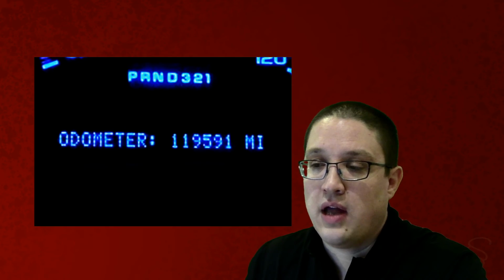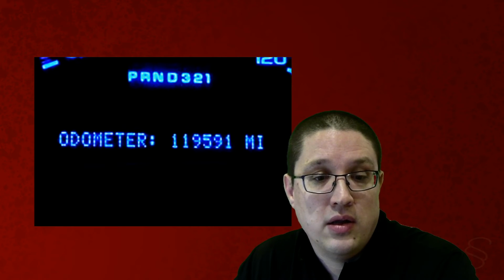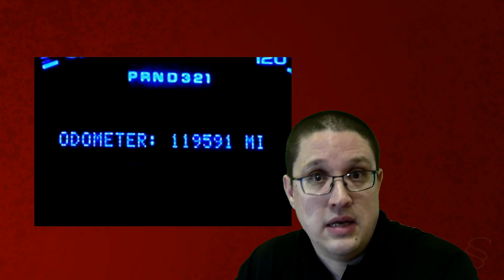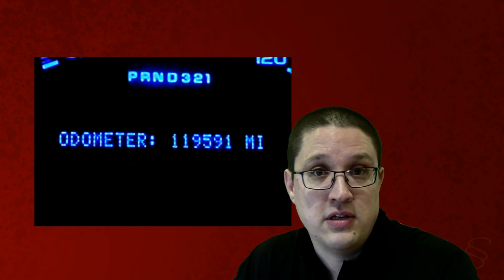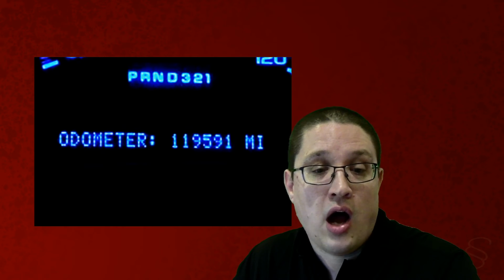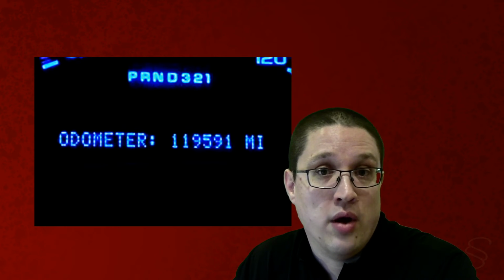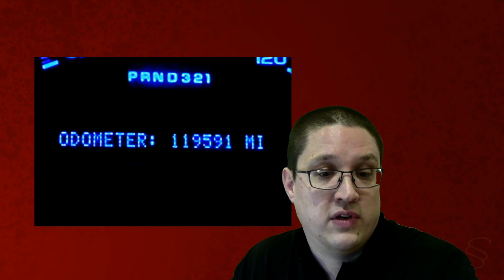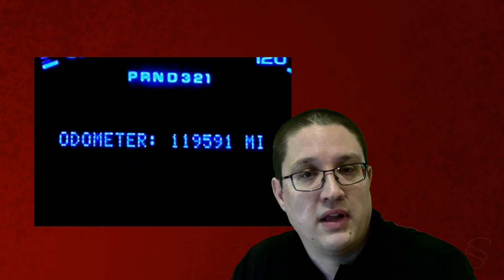If I go back and look at my odometer here, the precision would be 1 mile. The next tick would be 592 and 93 and 94. It goes up by 1 mile each time. So the uncertainty here would be half of a mile. I don't know if this odometer is actually reading 119,591.4 or if it had recorded, for example, 90.9, something like that.